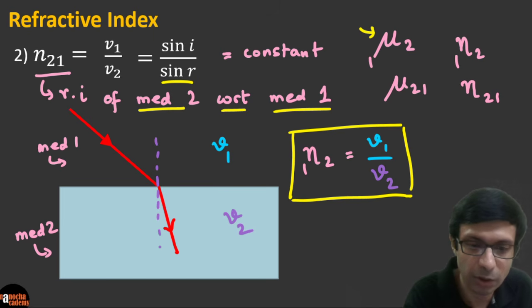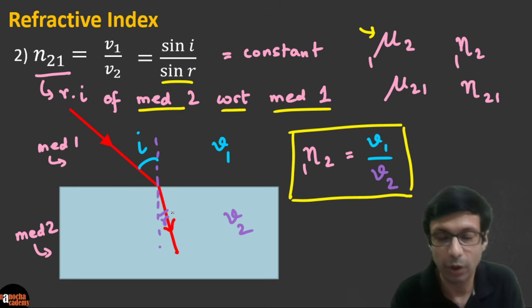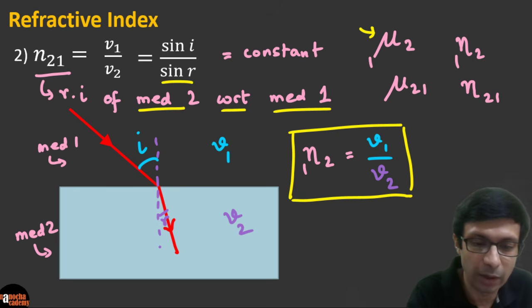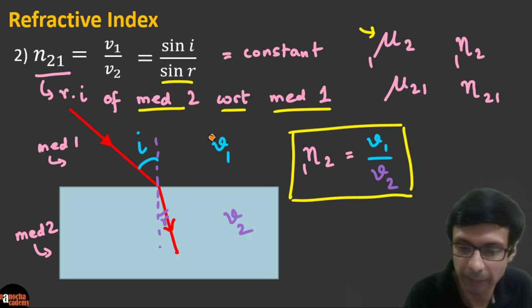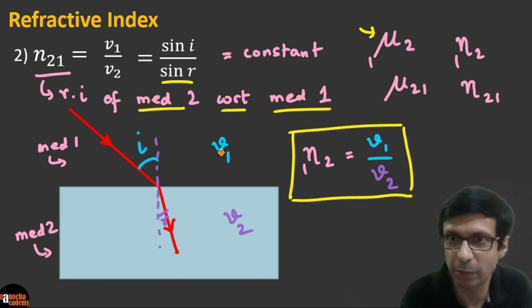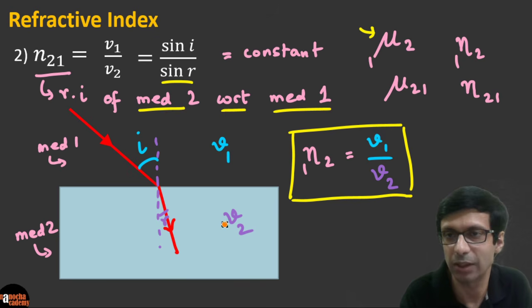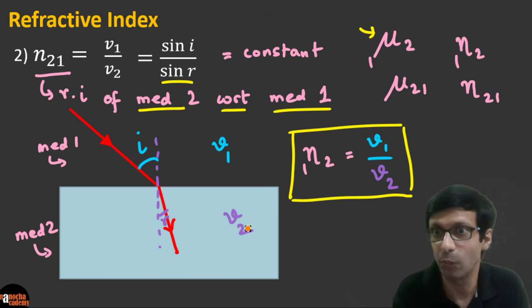Remember, this was our angle i and r is here. So guys, follow me carefully. If you look at the refractive index of 2 with respect to 1, it is the velocity in the first medium divided by the velocity in the second medium. That is one way to define refractive index, this ratio.